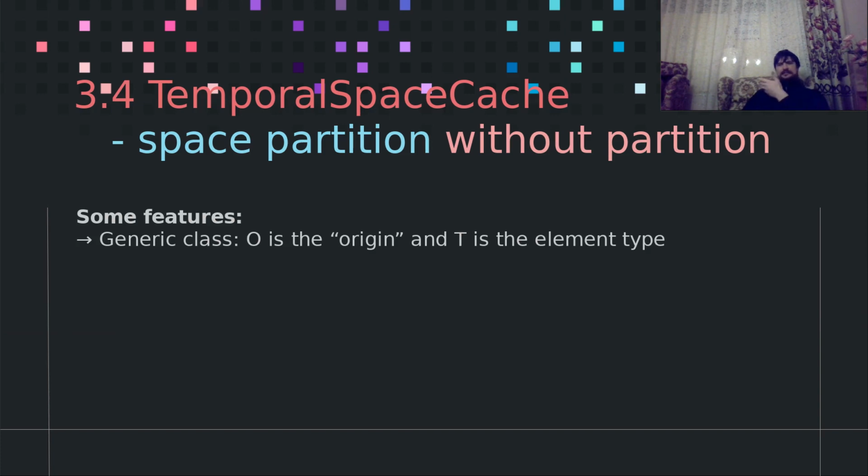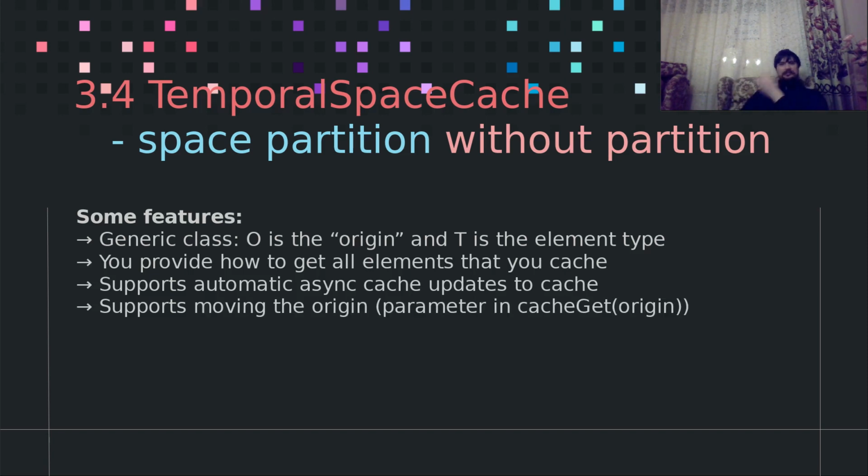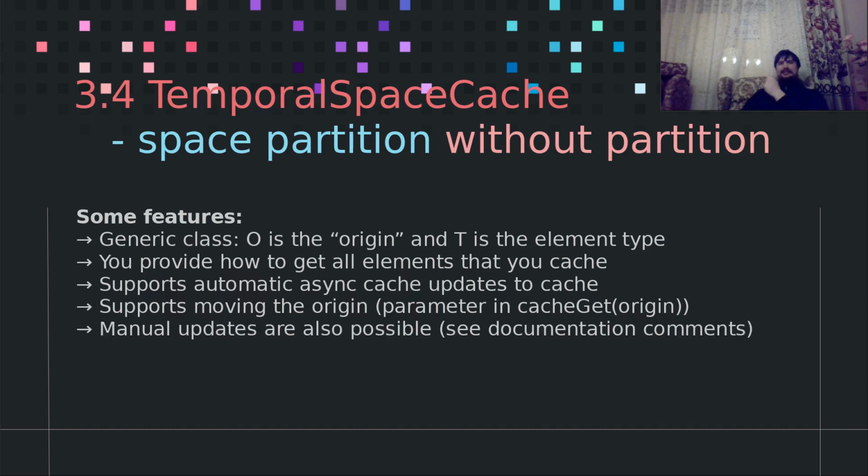Some features: of course, it's really generic, you provide how to get all the elements, it supports automatic bookkeeping in the background, and it supports moving the origin. Manual updates are also possible. I will not talk about that, but it's very well documented in the source code.